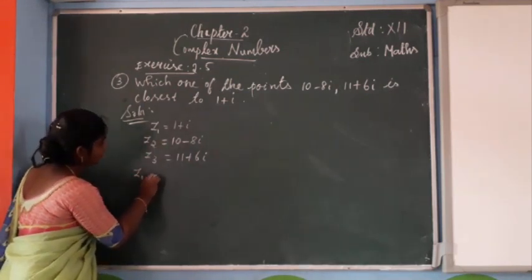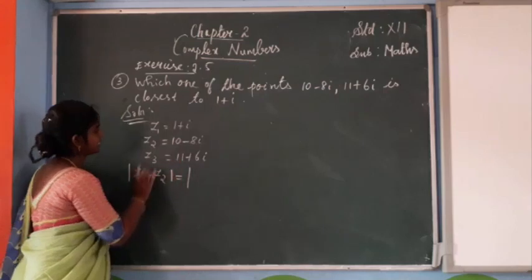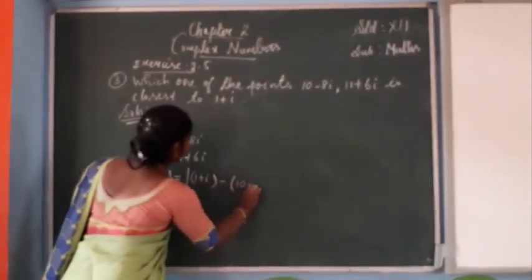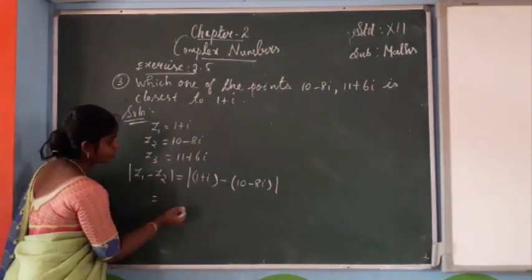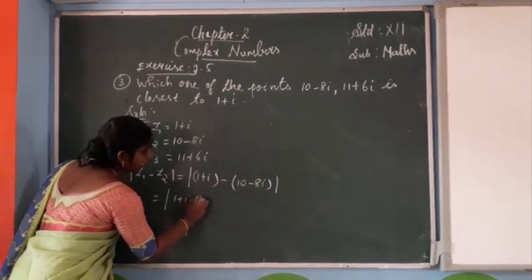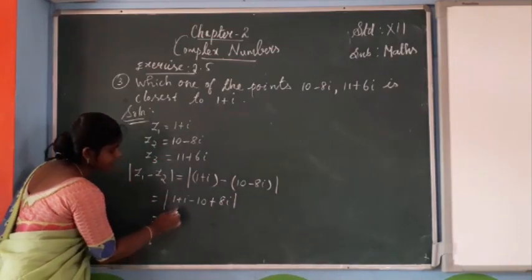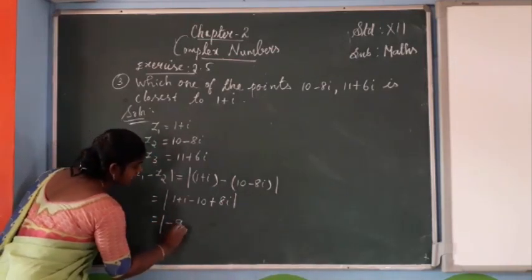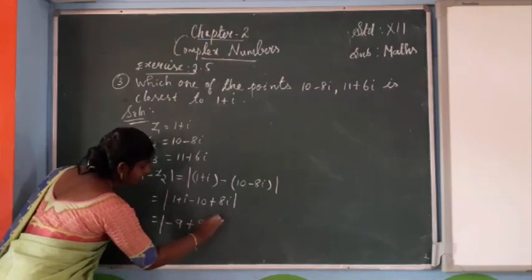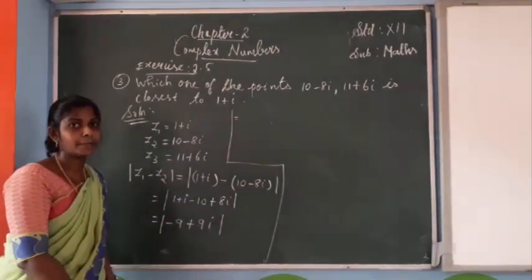Okay. So modulus Z1 minus Z2 is equal to modulus of Z1 value 1 plus i minus Z2 value 10 minus 8i. We have to multiply the minus inside: minus 10, minus into minus plus 8i. That equals modulus of 1 minus 10, minus 9, plus 8 plus 1, that is 9i. Then we can use the formula root of x square plus y square.